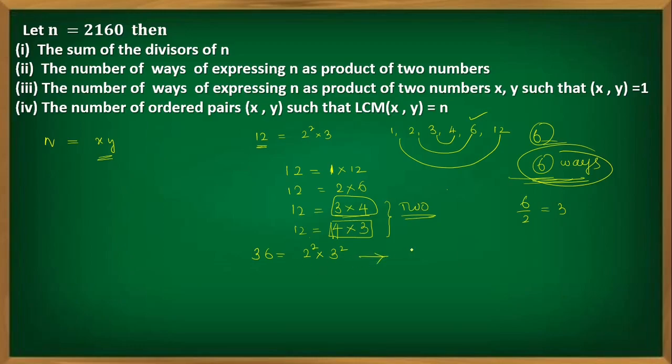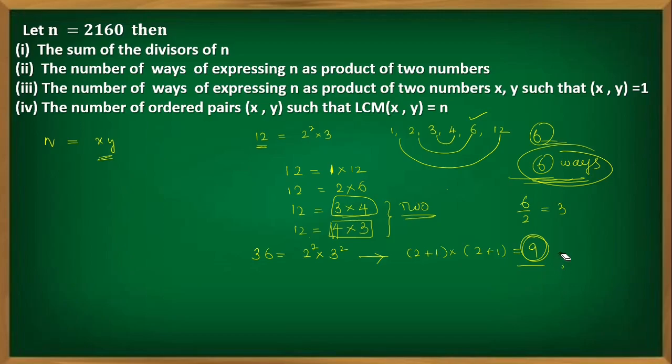Can you tell me? 2 plus 1 into 2 plus 1, which is equal to 9. So the number of divisors is 9. If you simply say 9 by 2, this is not the correct answer, because we are getting a fraction. The number of ways should be a positive integer.